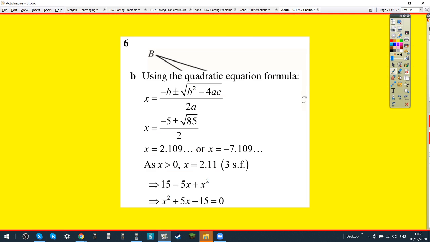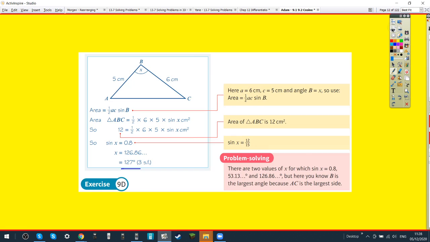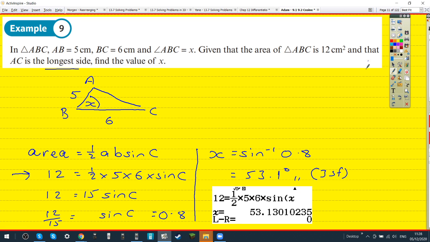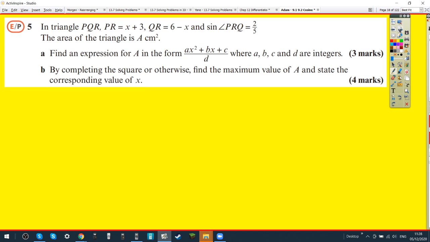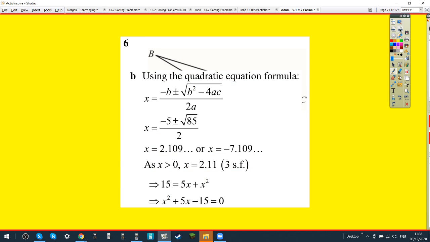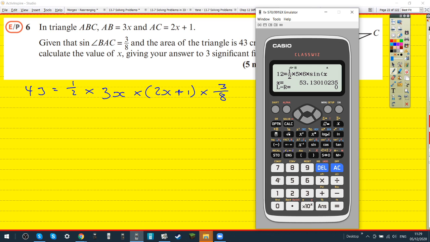Hold on a sec. What was the quick way that I did this one? You just could put it into the calculator. Yep. 43 equals a half times 3x times brackets 2x plus 1 times 3 over 8.